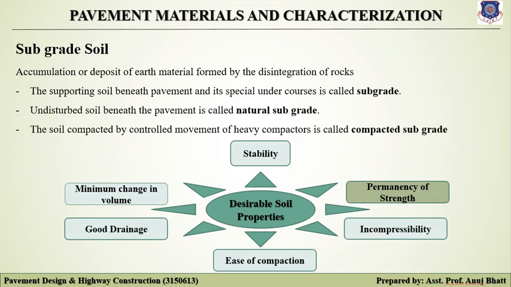So if the soil has permanent strength, it will give sufficient bearing capacity to the subgrade and also prevent shear failure in the subgrade. That's how permanency of strength is very important for the soil.